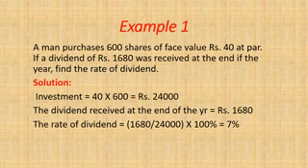Now, the dividend received at the end of the year is rupees 1680 as per the question. Now, the rate of the dividend is equal to, we know the formula, dividend by investment multiplied by 100%. Therefore, it is equal to 1680 divided by 24,000 multiplied by 100%, that's equal to 7%.